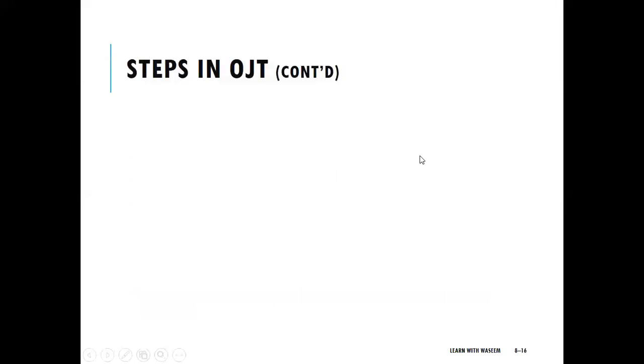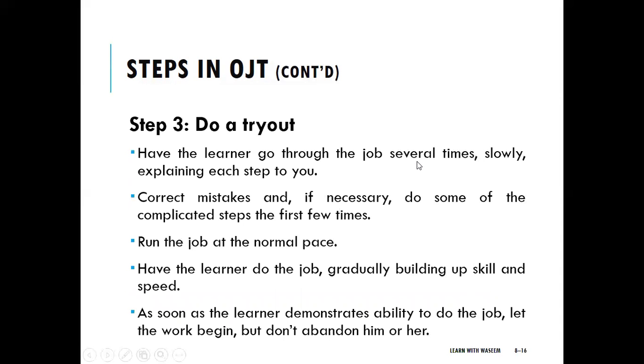The third step is to do a tryout. This includes having the learner go through the job several times, slowly explaining each step to you. Correct mistakes, and if necessary, do some of the complicated steps the first few times. Then run the job at the normal pace.